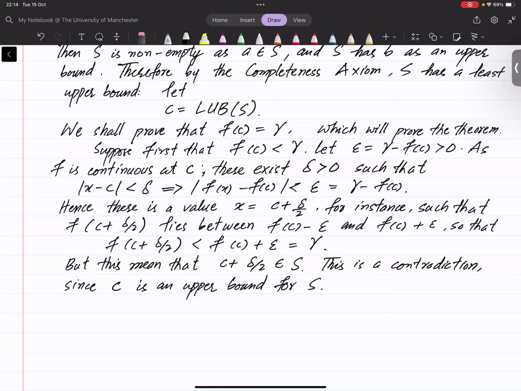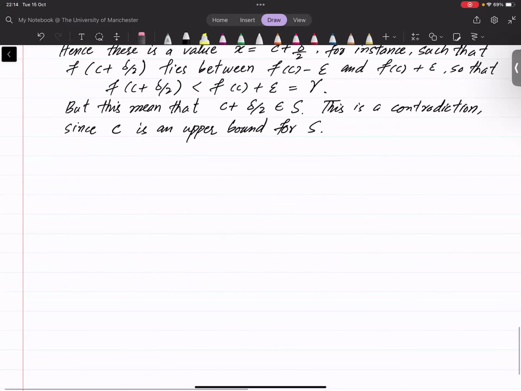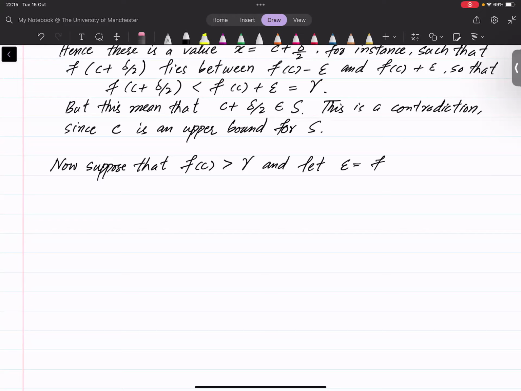Now suppose that f of c is greater than gamma, and let epsilon be f of c minus gamma, greater than 0.